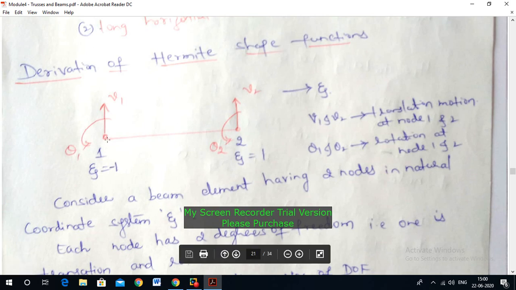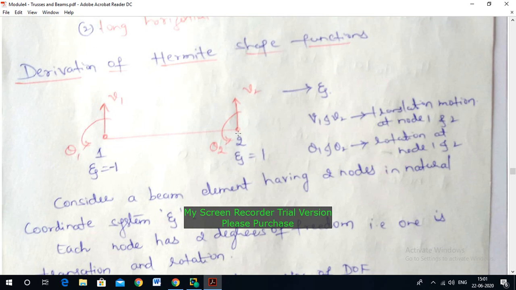The first degree of freedom is V1, the translation motion, and the second degree of freedom for node 1 is rotation. V1 is the translation motion at node 1, and theta 1 is the rotational motion at node 1.